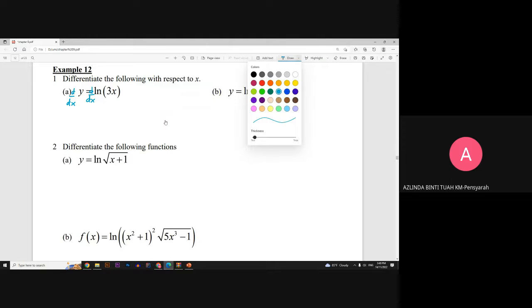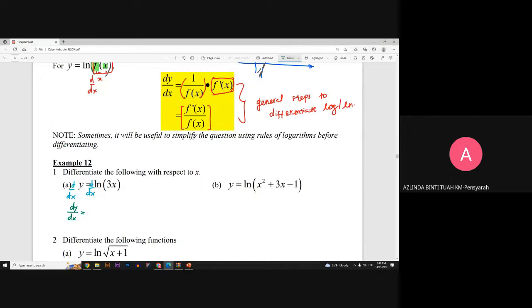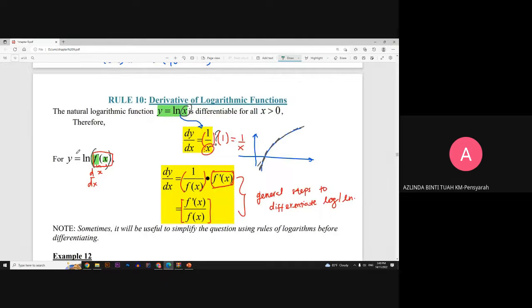So yang di sebelah kiri, dia akan jadi dy per dx. Okay, remember the 2 step. Step pertama, jadi satu benda yang kamu kena ingat dekat sini adalah, originally dalam soalan dia tanya what is the differentiation of ln fx. Dalam jawapan akhir, surprisingly, dah tak ada ln dah.